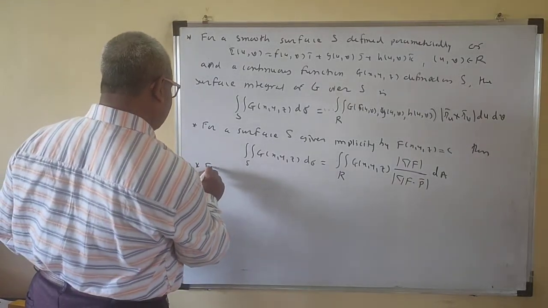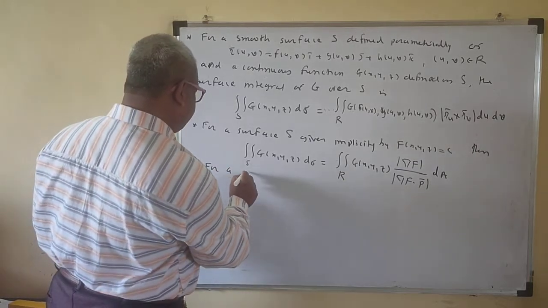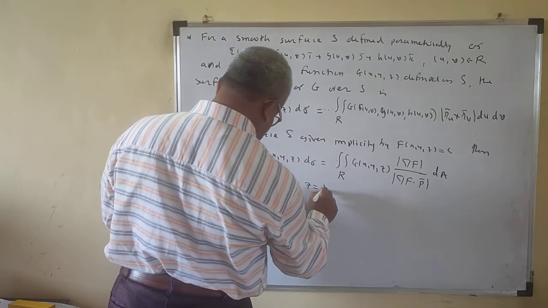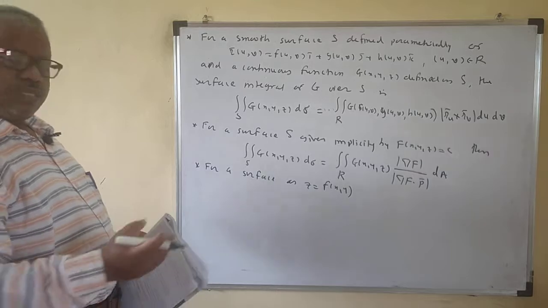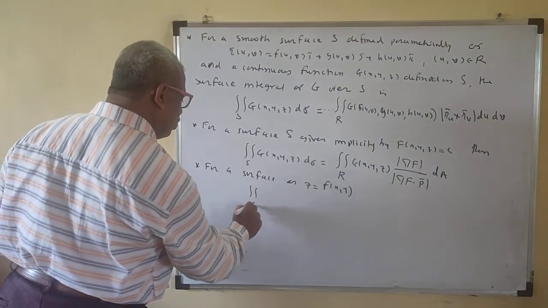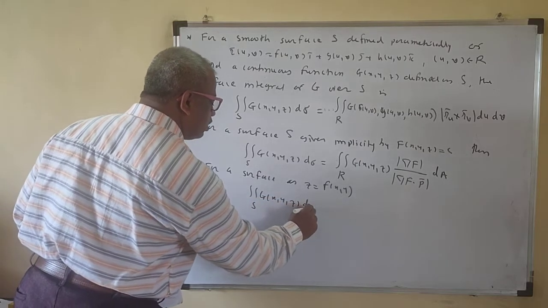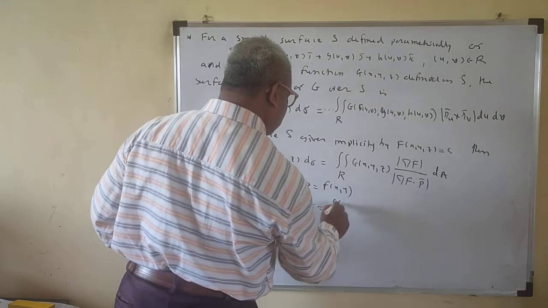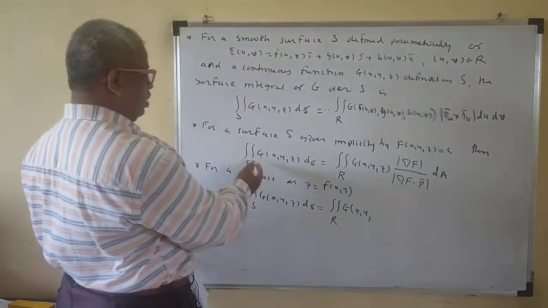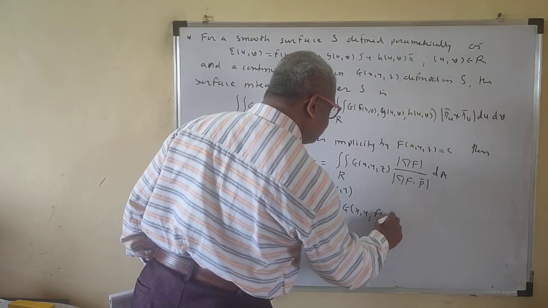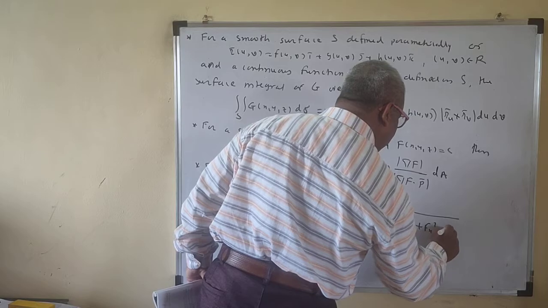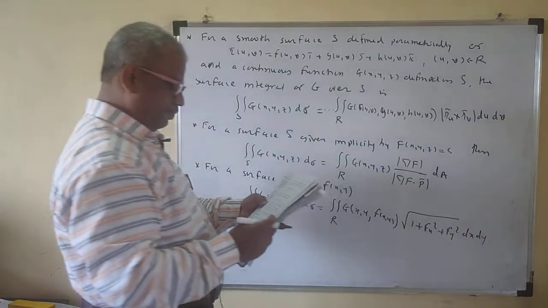Now for a surface given as z is equal to f of x y, or x is equal to f of y z, or y is equal to f of x z, something like this, the surface integral of g of x y z d sigma, you should remember all the formulae, is the double integral over R of g of x, y, and z, where z is equal to f of x y, so we write f of x y, times root of 1 plus f x square plus f y square, dx dy.